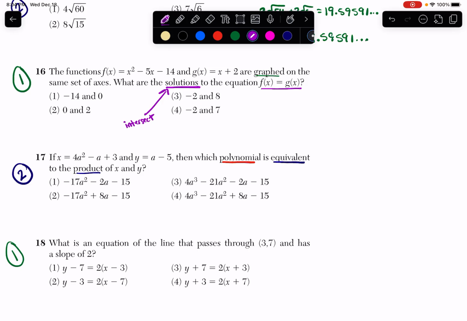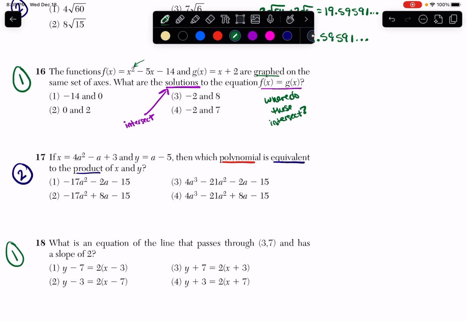In systems of equations, we were looking for the intersections. So even though these are both functions, and even though one of them has this x squared, we know that what we are looking for is where do these intersect.